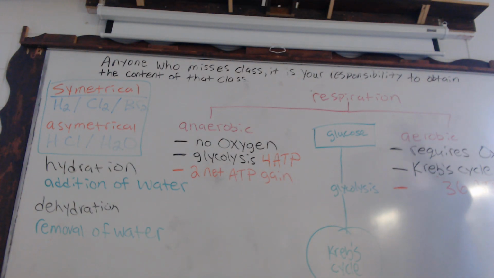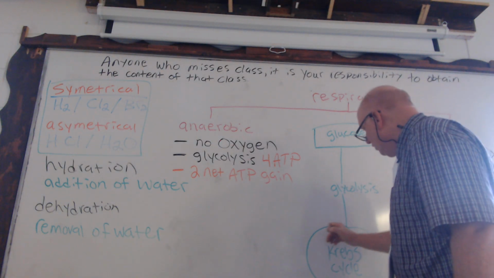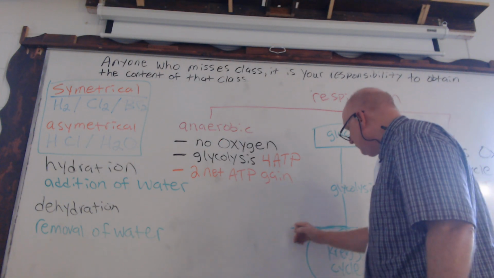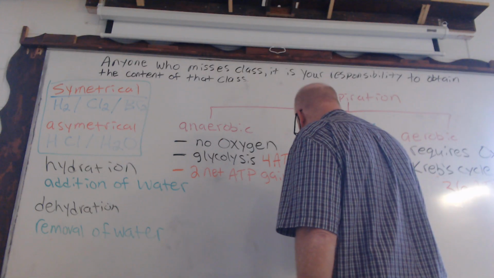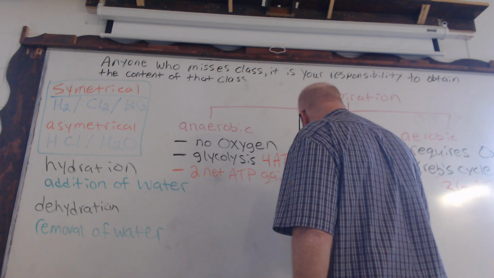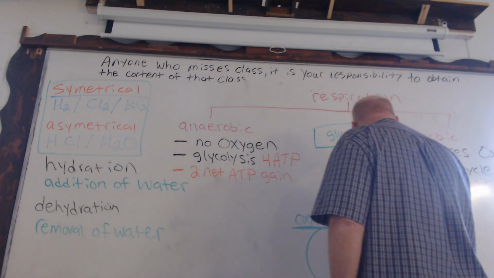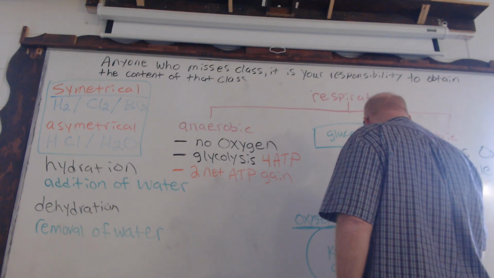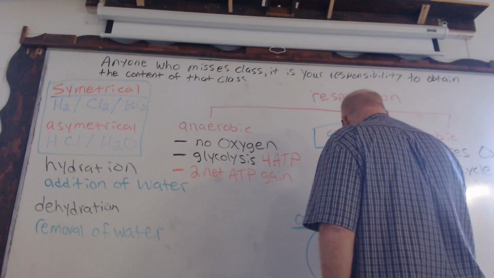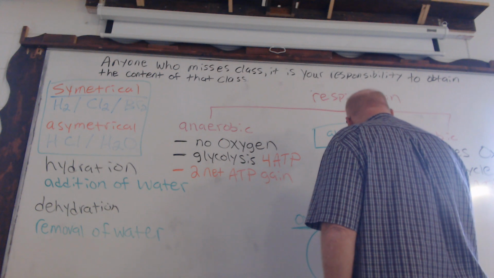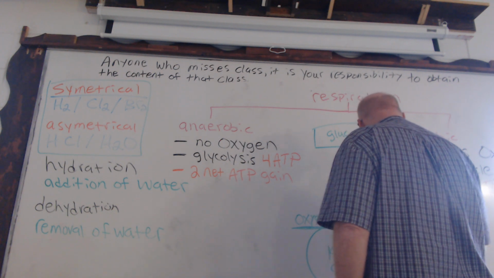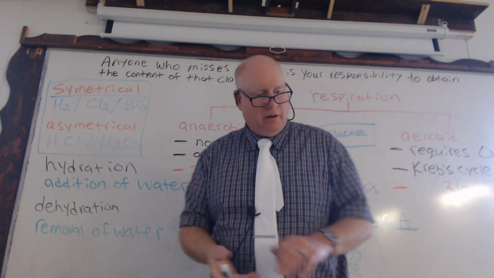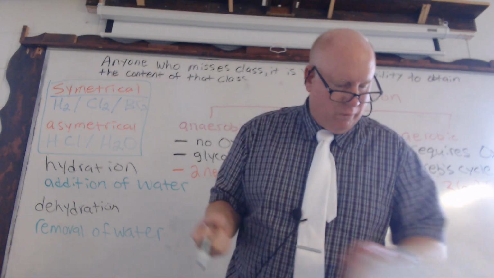Something must be present over here to get into this Krebs cycle. You have to have oxygen. So this is one requirement, oxygen. And then there's another requirement, and that's called acetyl coenzyme A.